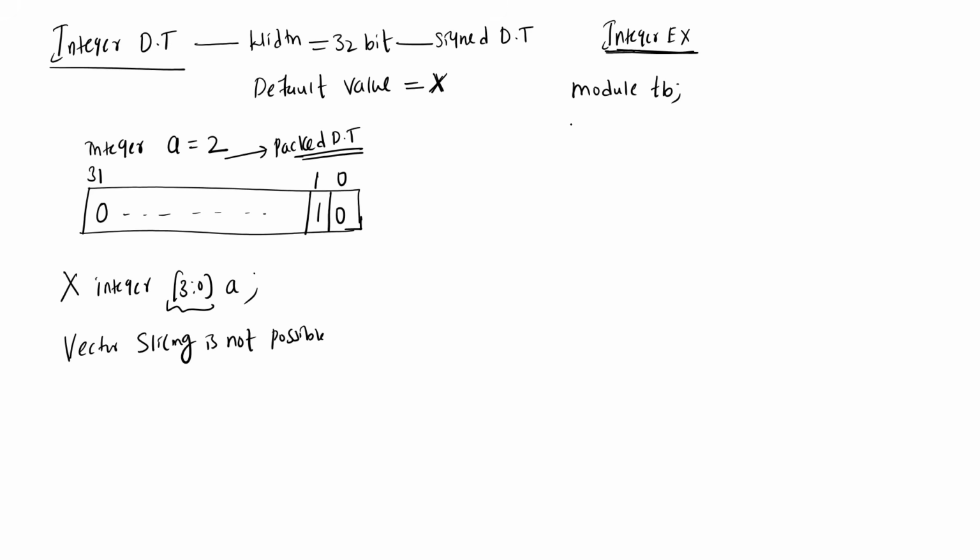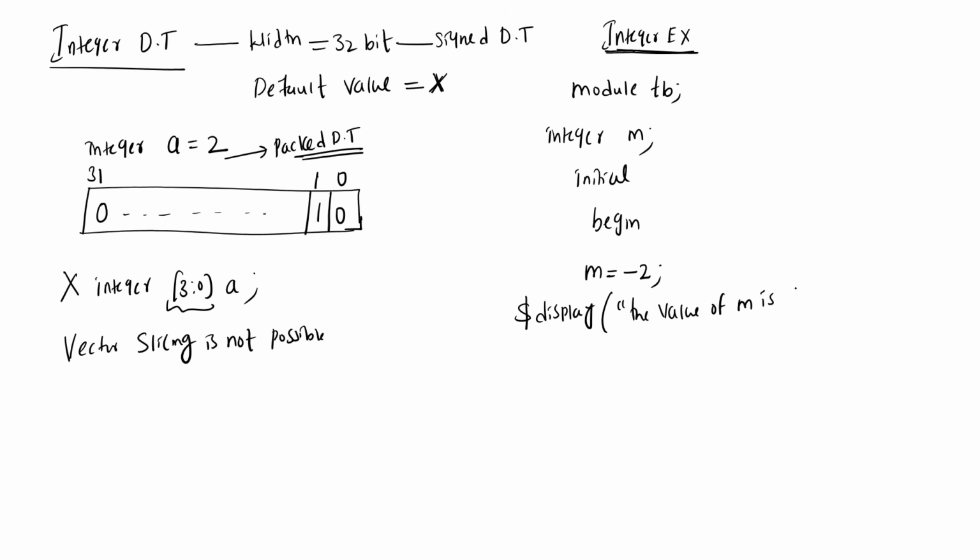Try this code and tell me the output. Let us take an integer, I'm declaring m. Initial begin, m equal to -2, $display the value of m is %d, m, end, and endmodule.